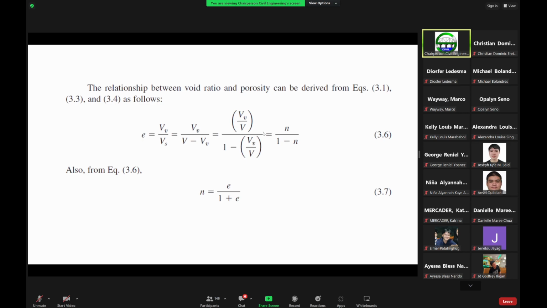So that means if we try to relate the void ratio and the porosity, then the void ratio is equal to the porosity n divided by 1 minus the porosity n. And then just doing some algebraic manipulations, the porosity n is just equal to the void ratio over 1 plus the void ratio. Okay, just manipulate this equation.